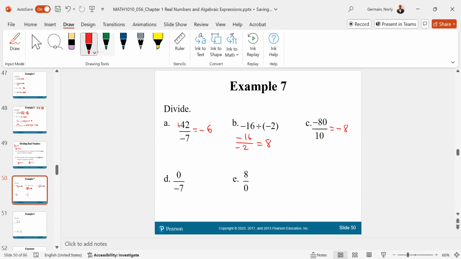0, that's a very important property to remember. 0 over any number where that number is not 0 is 0. But any number over 0 where that number is not 0 is undefined.